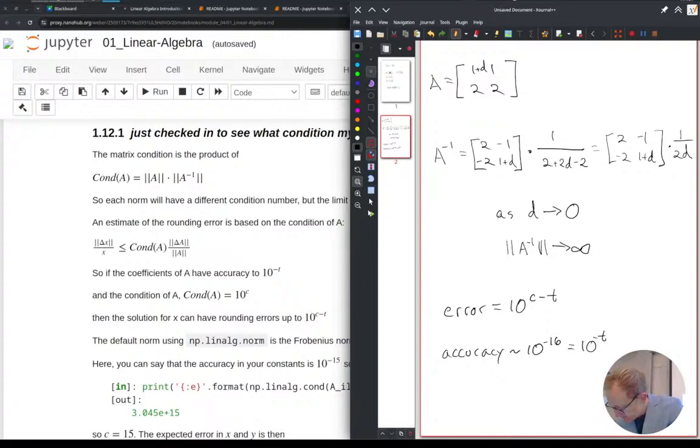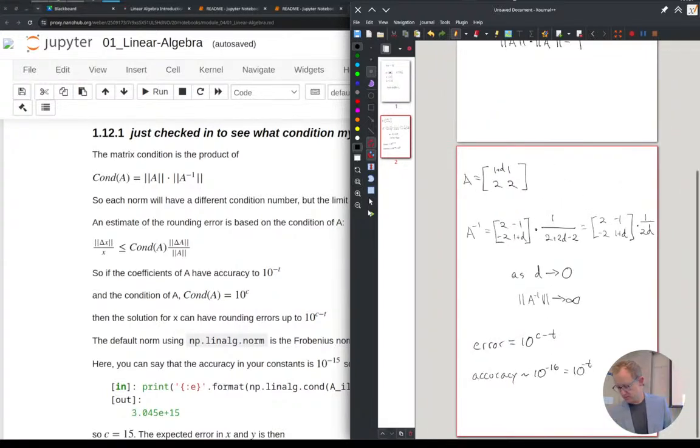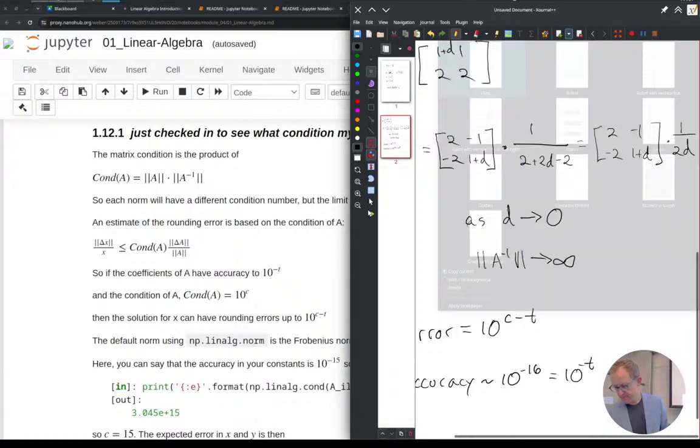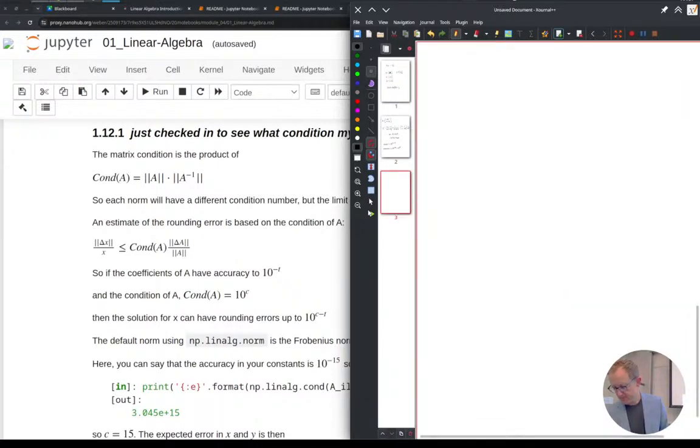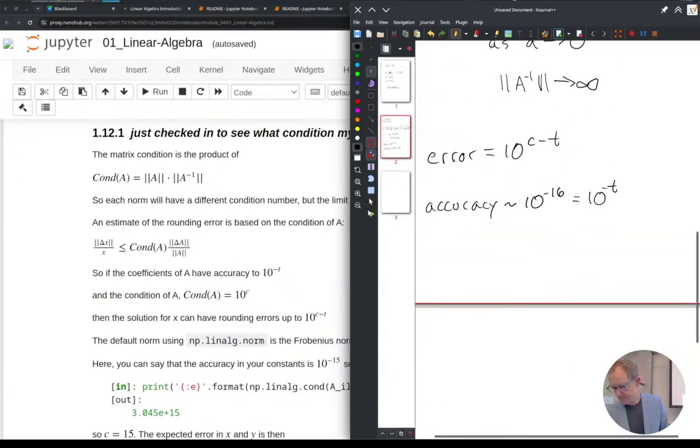So when it spits out the condition value using the linalg condition, and that number comes out to something like 10 to the 15, what is that saying? That's saying it's a really high conditioning value. That means the error is very large.